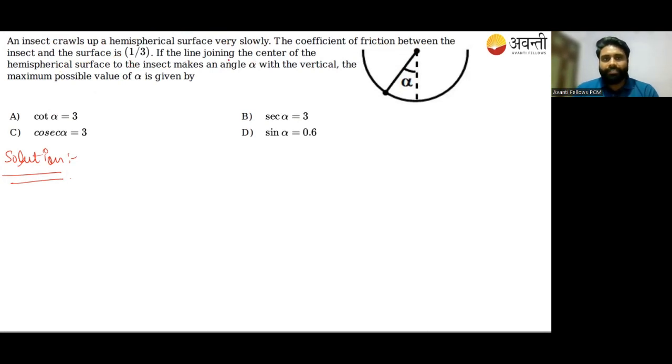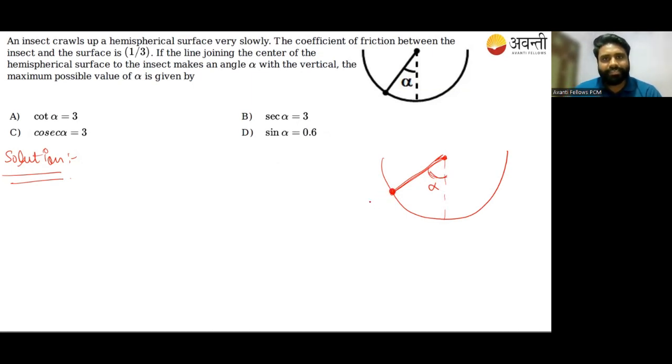If the line joining the center of the hemispherical surface to the insect makes an angle alpha with the vertical, then the maximum possible value of alpha is given by. So this is the hemispherical surface that I have. It's the center. This is the line that is joining it, and it is making an angle alpha. Here is the insect.